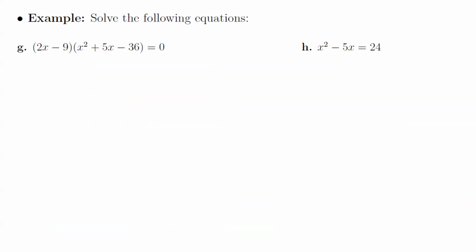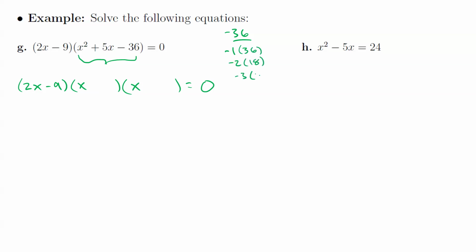So just two more examples here. Part G is in factored form, but is it completely factored, right? Can I take this quadratic expression and do better? So we can try that by saying, let's give it a shot. X here and X here. And we want to think about -36, right? So what are the ways of creating -36 by multiplying? But we need these factors that I'm listing to add up to 5.